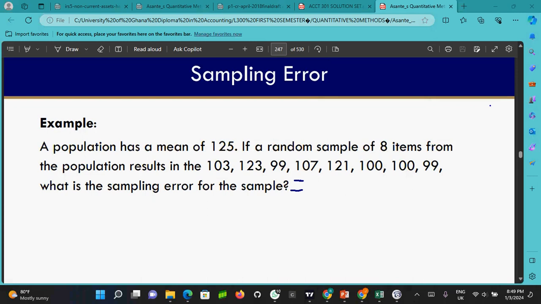So the above will be equal to, let me add all of them and see. 103 plus 123 plus 99 plus 107 plus 121 plus 100 plus.